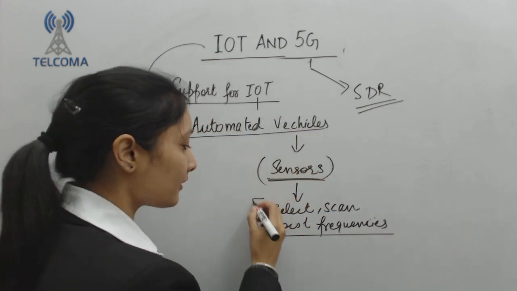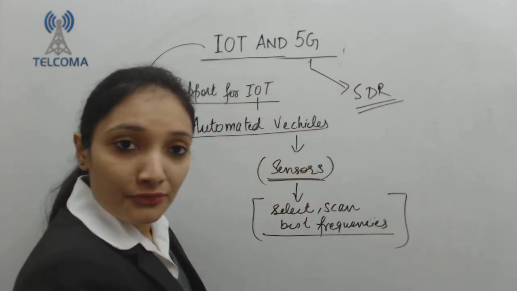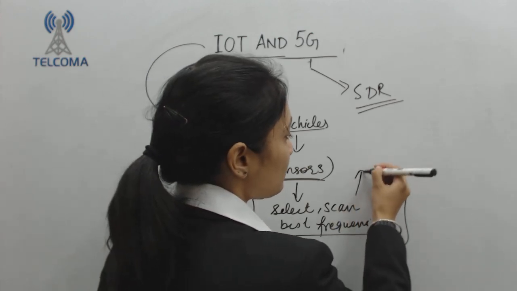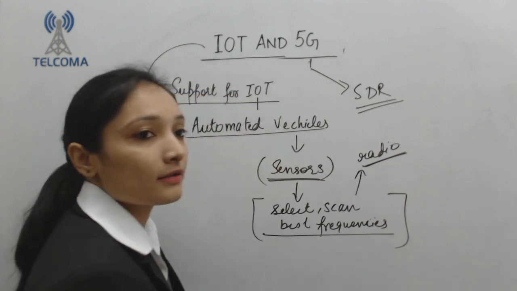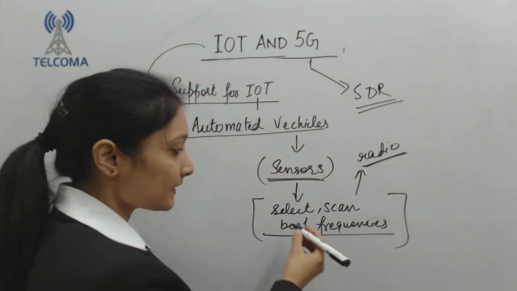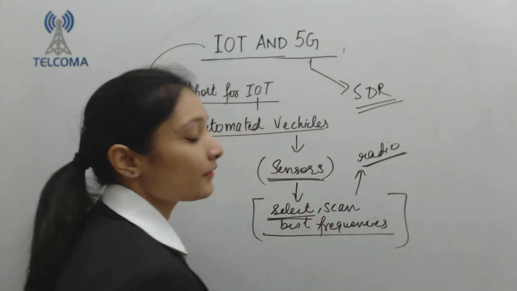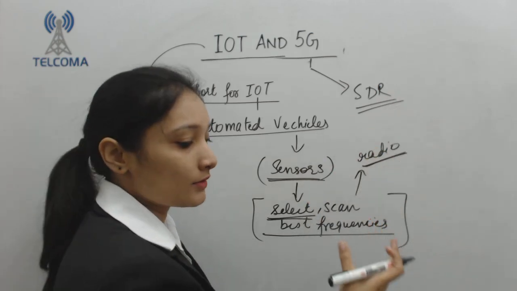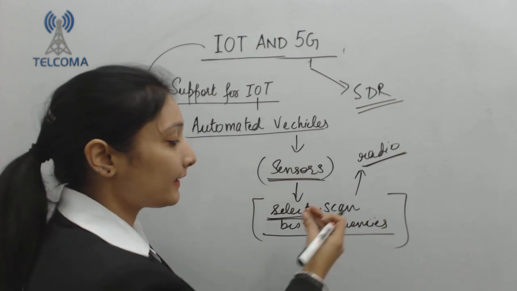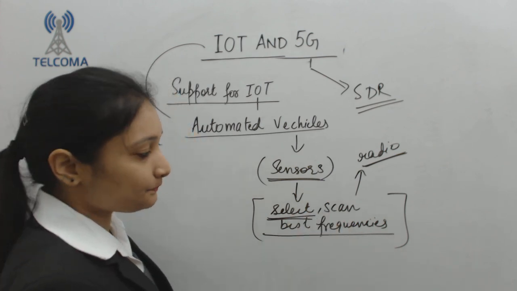That means we have a degree of freedom to choose the radio channel, or the system will select the best frequencies with the help of your SDRs, which basically use spectrum scanning and selecting those frequencies.